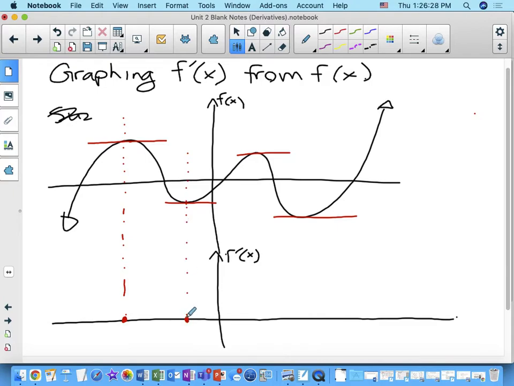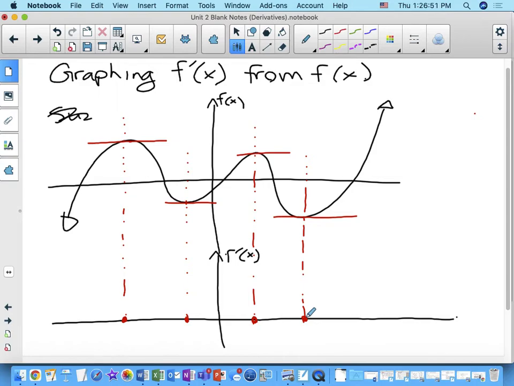There's a point at 0 there. There's a point at 0 there. And there's a point at 0 there. Okay, because remember, the derivative represents the slope of the tangent. Horizontal lines have slopes of 0.